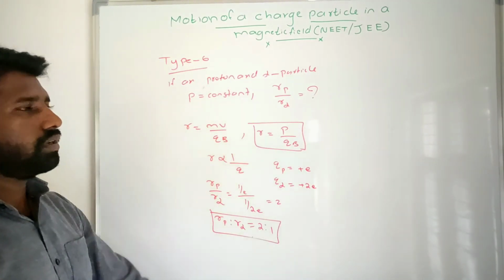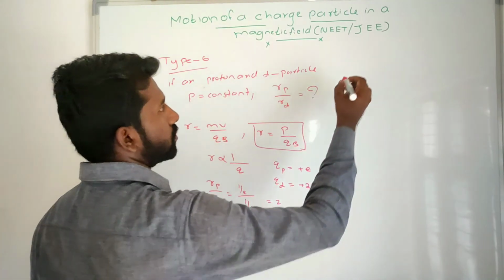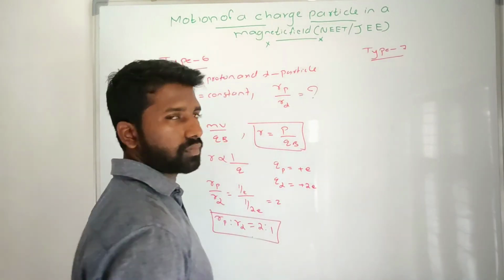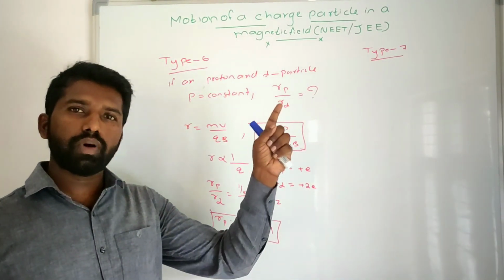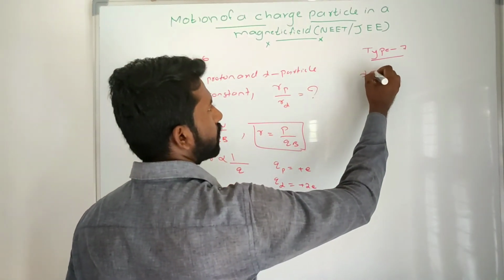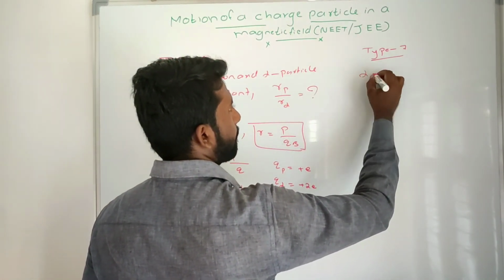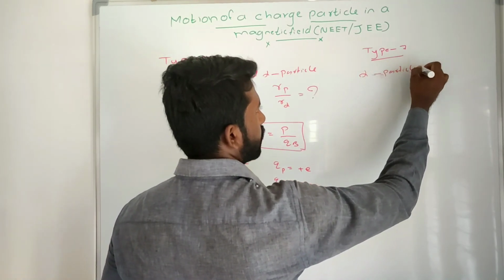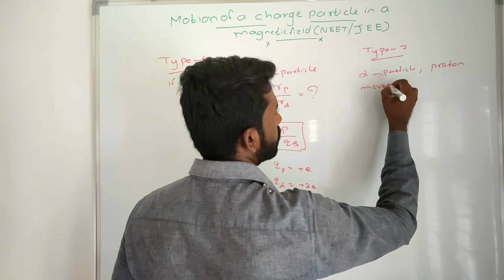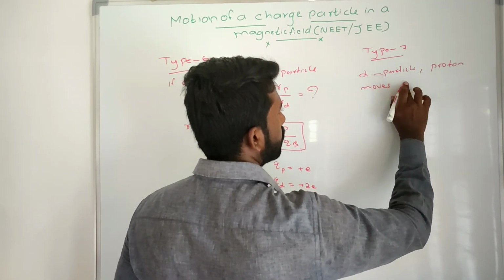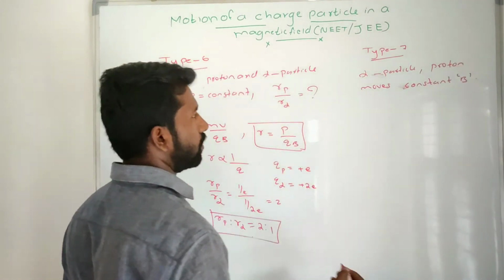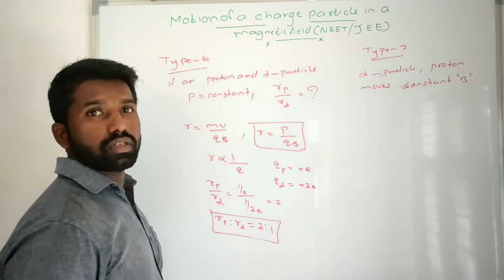Okay, this is this type. Next, type 7. Okay, if an alpha particle and a proton move in a constant magnetic field, constant B, with constant kinetic energy.